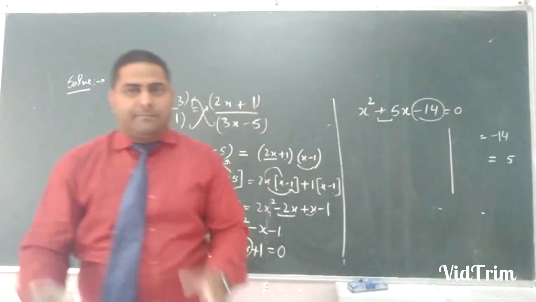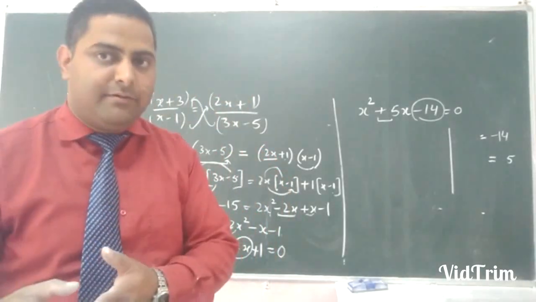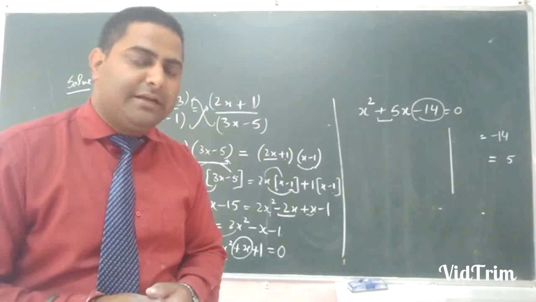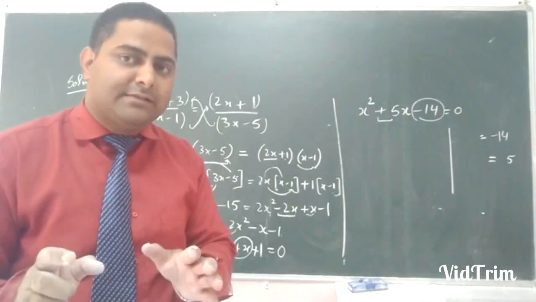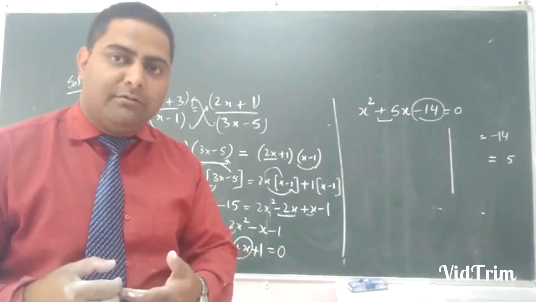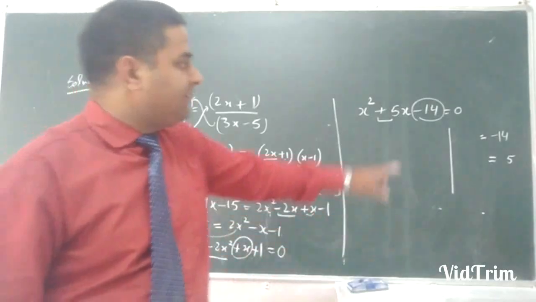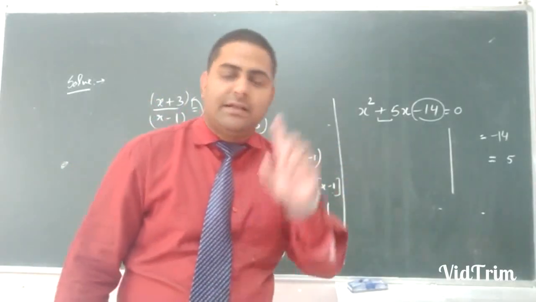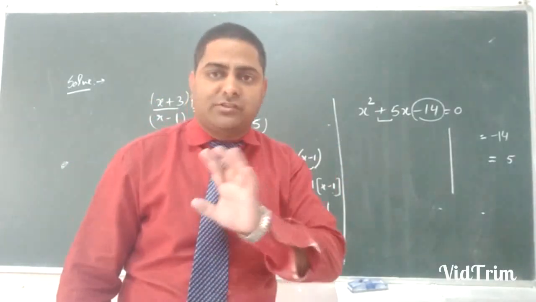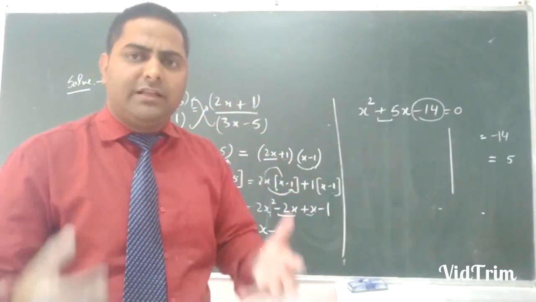You can see multiplication of two numbers is negative, but when we add those numbers it's positive. It means one of the numbers should be negative. Now which number? Bigger or smaller? Since the sum is plus 5, it means the bigger number should be positive and the smaller number should be negative. What are the numbers?